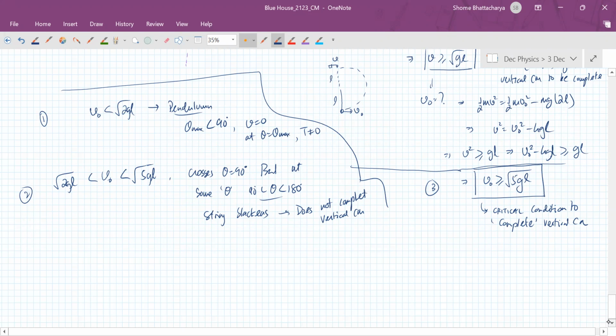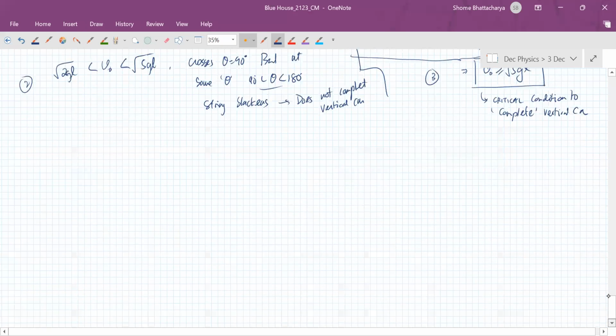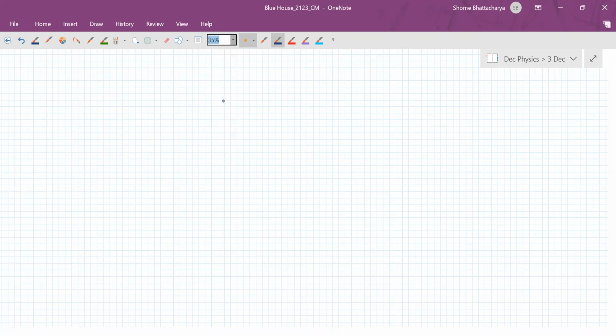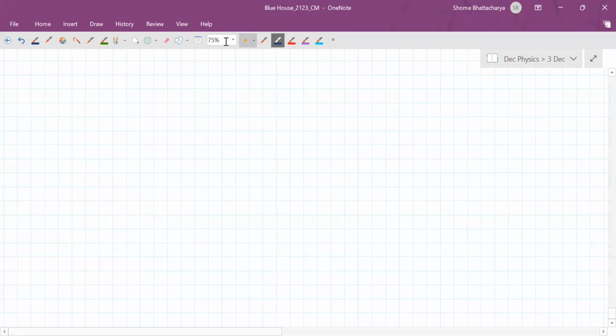And in the meantime, we'll also do one numerical problem related to these values. Very important. Can you just scroll up for a second?